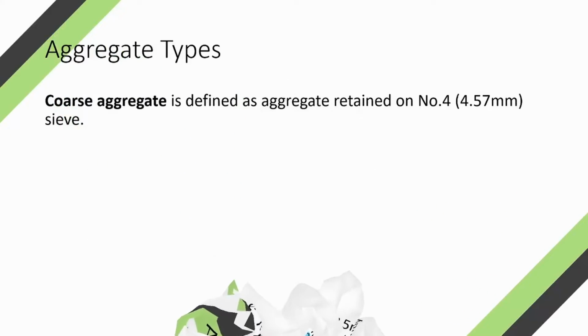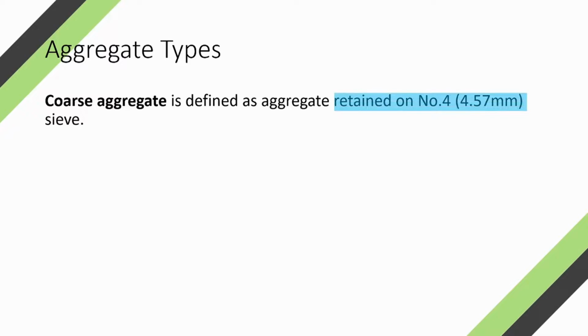Next is yung ating coarse aggregate. Coarse aggregate is defined as an aggregate retained on the number 4 sieve. So, yung coarse aggregate natin is aggregate na mas malaki yung size niya sa number 4 sieve. So, hindi siya magpapasa number 4 sieve natin.